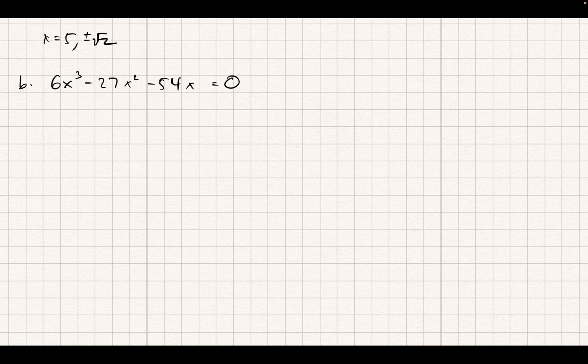Yes, 3x takes it out of all 3 terms. So 3x, and this leaves 2x squared minus 9x minus 18.